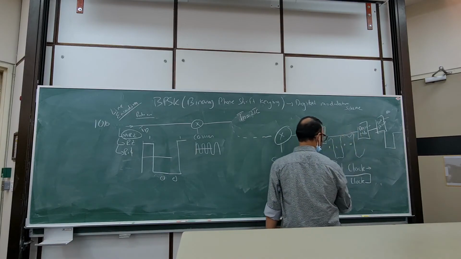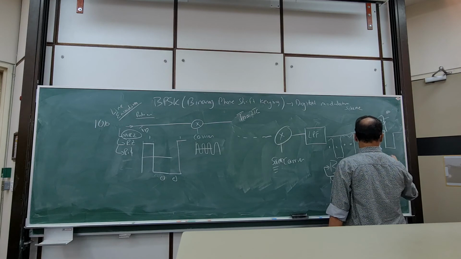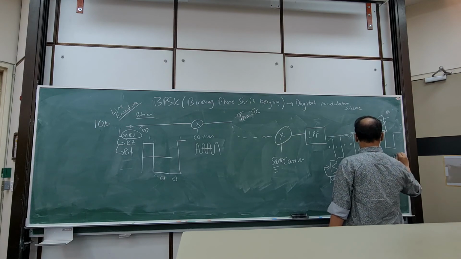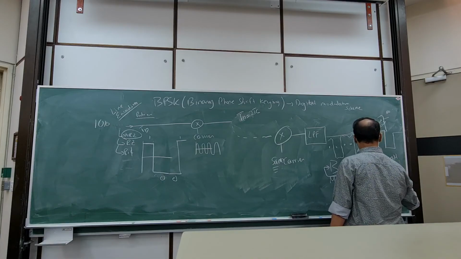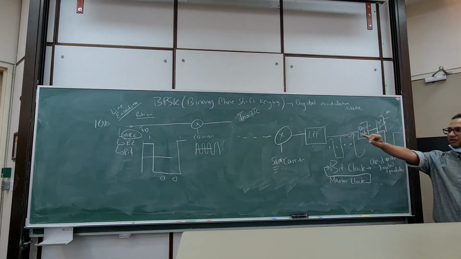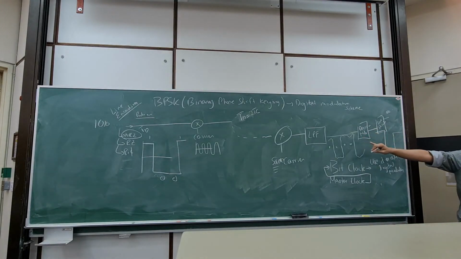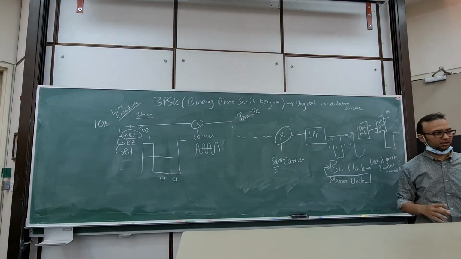The master clock gives you your bit clock and you use it on all digital modules. Can you tell me what the digital modules are? Line encoder, line decoder, decision maker. Okay? Clear? Understood?